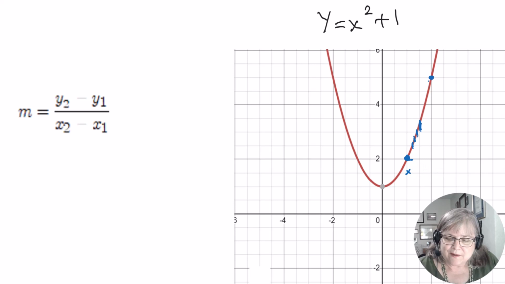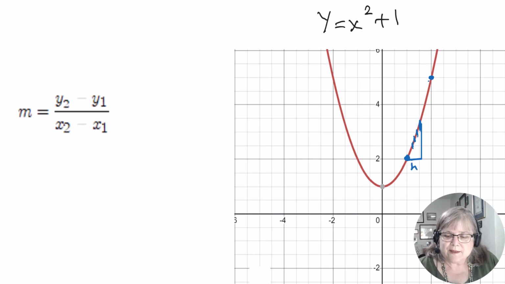Let's go back to our little triangle. Okay. And rather than calling this x distance x2 minus x1, that would be the distance between the two. And saying the difference between the two is getting smaller and smaller, let's just call this h.